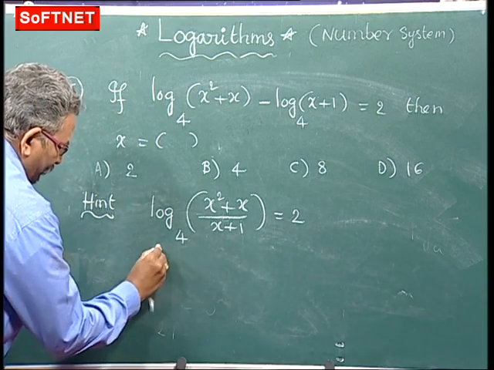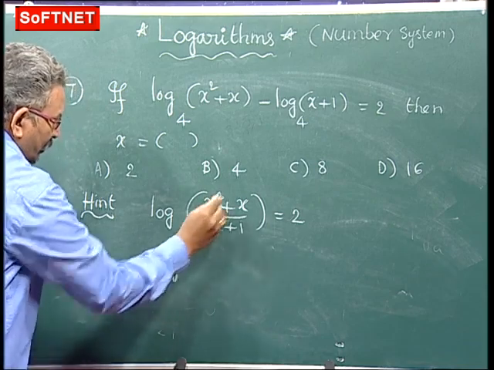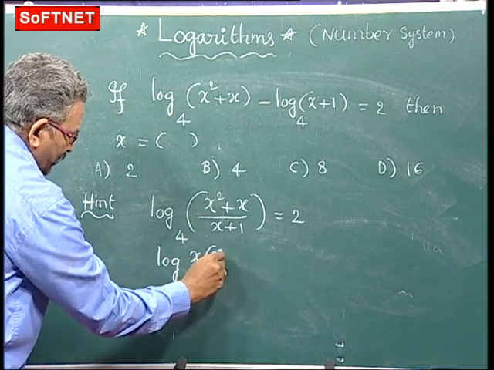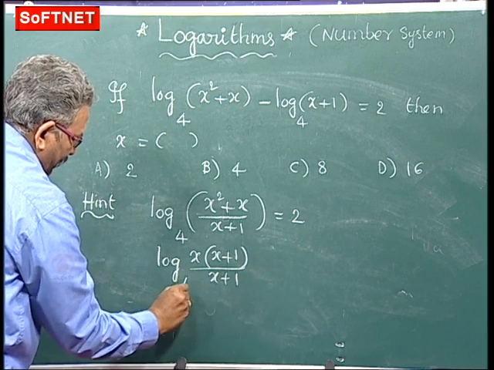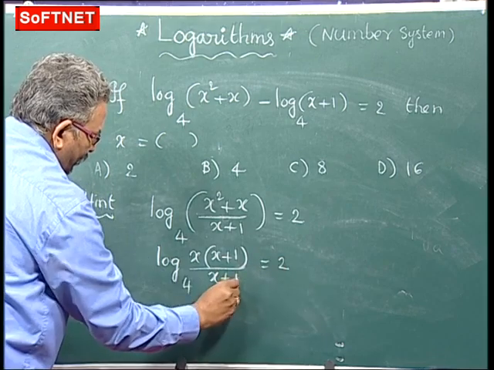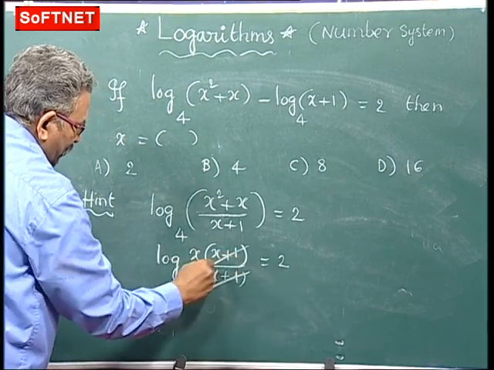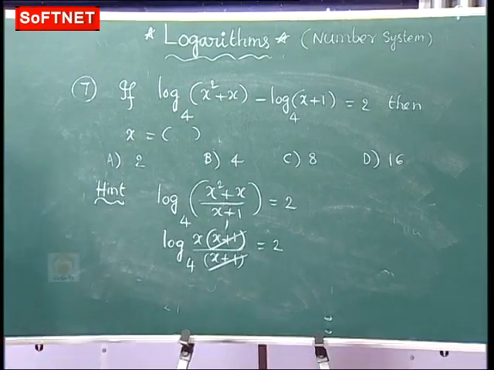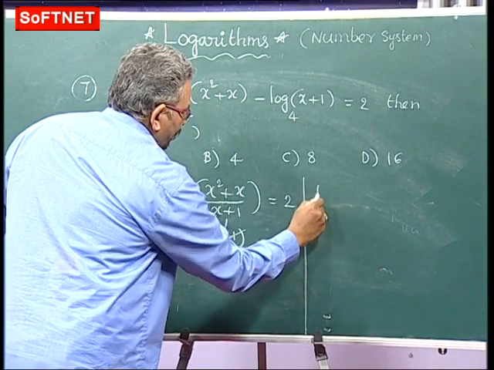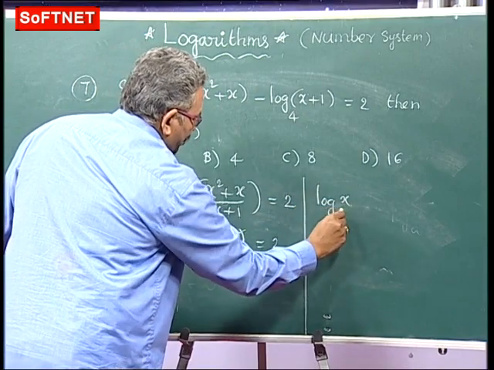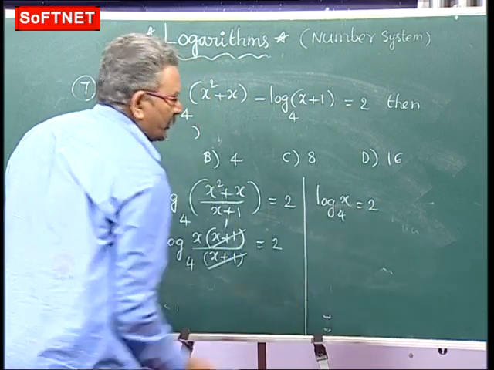Log of x into x plus 1 by x plus 1 to the base 4 is equal to 2. You see, x plus 1 gets cancelled. So we have log x to the base 4 is equal to 2.